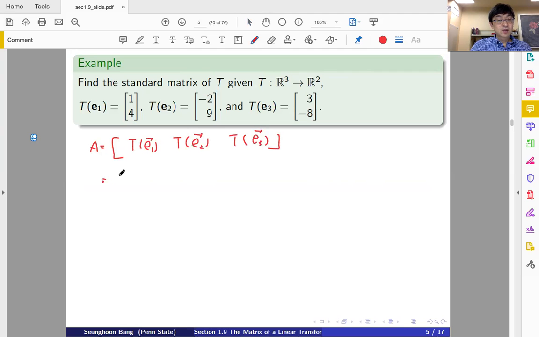The first column is 1, 4. The second column is negative 2, 9. The third column is 3, negative 8. That's it. This is the standard matrix.